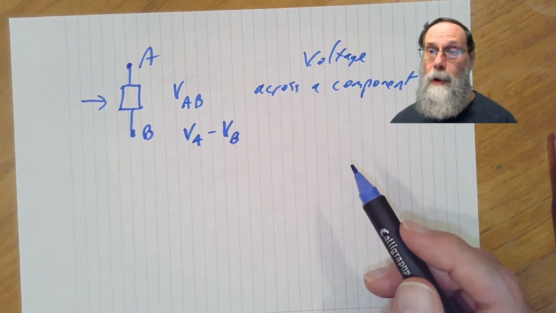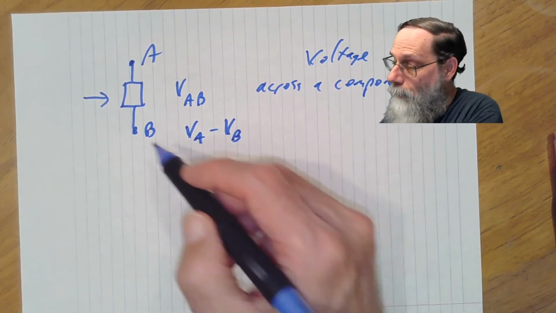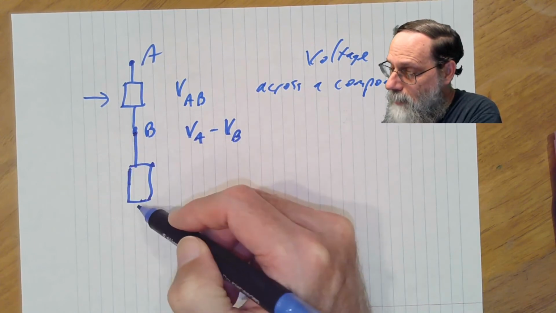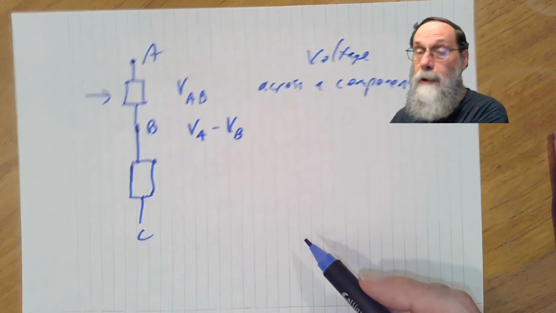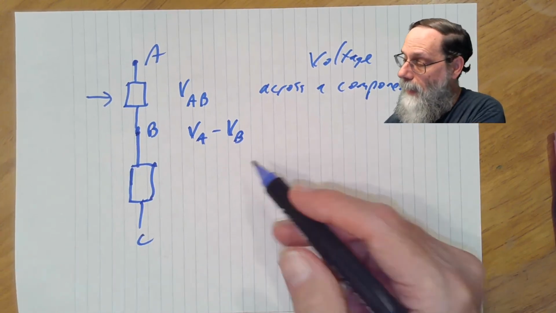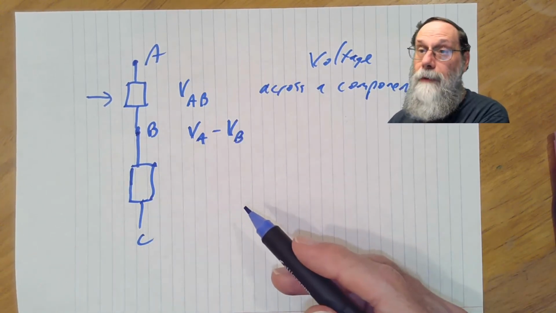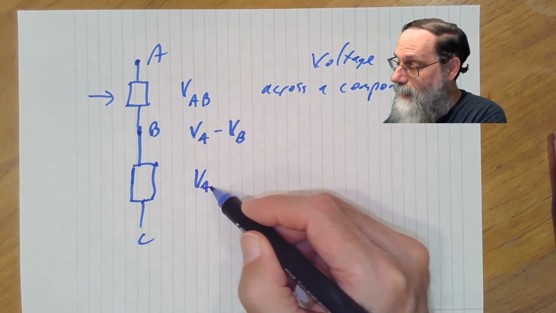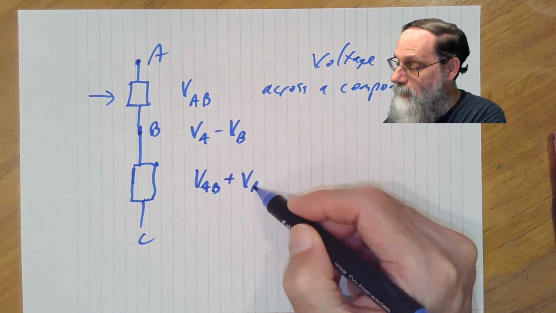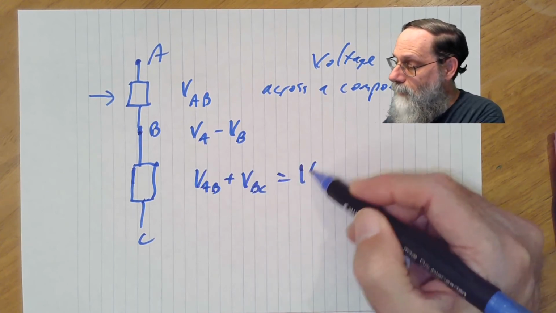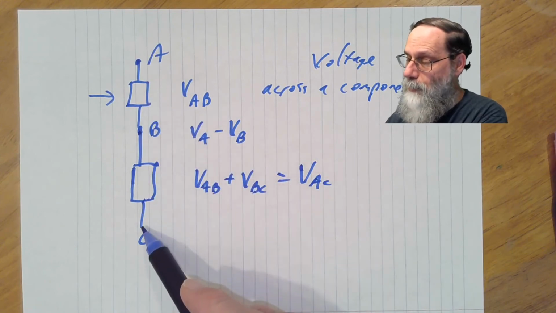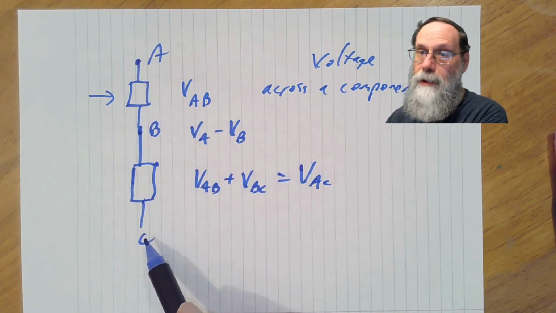We can connect components in various ways. For instance, we can have another component on the same node B and connect this other end to node C. And we now have a very simple property of this, and that is that VAB plus VBC is VAC. Voltage across this component plus the voltage across this component is the voltage across the pair.